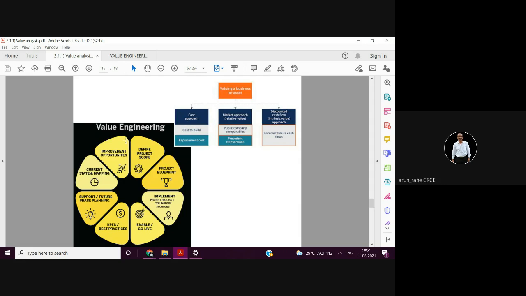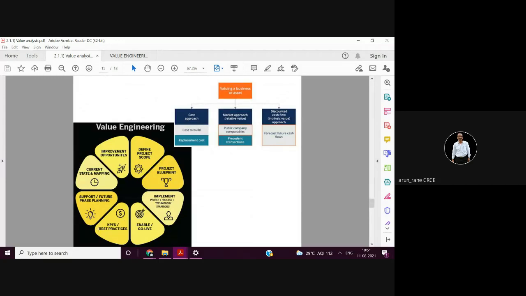Current state mapping, that is, what is the current scenario, is what you have to record using symbols. Like we saw the symbols in productivity when we studied productivity in industrial engineering. Similarly, there are many symbols with which we have to be familiar.